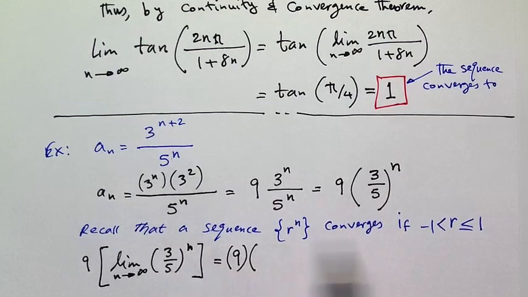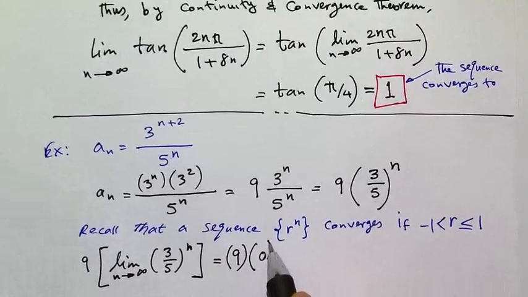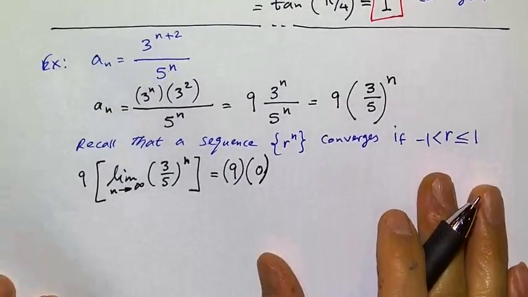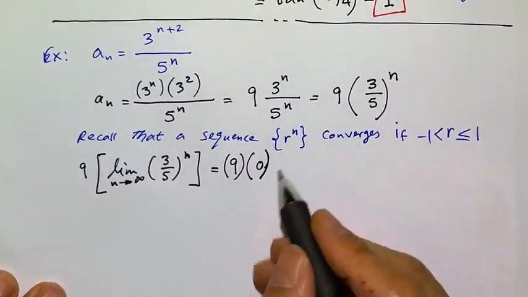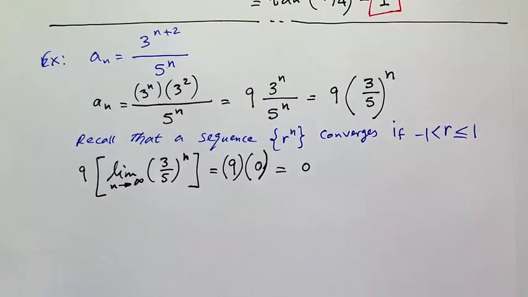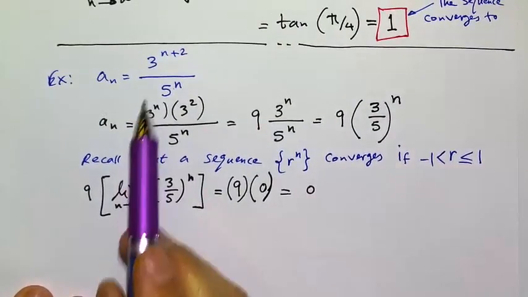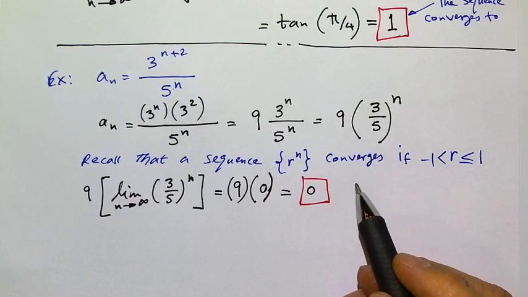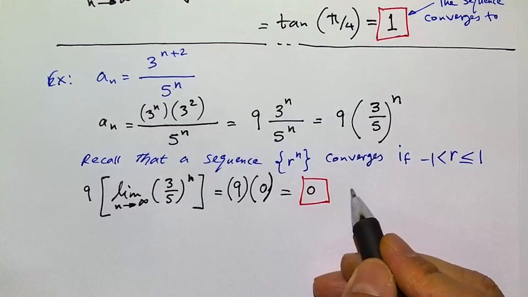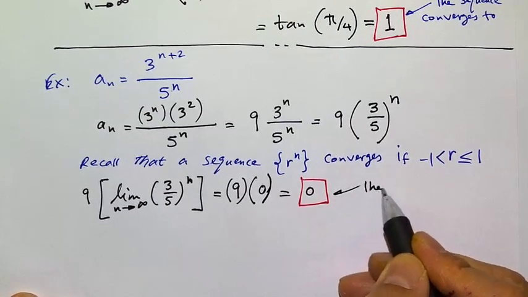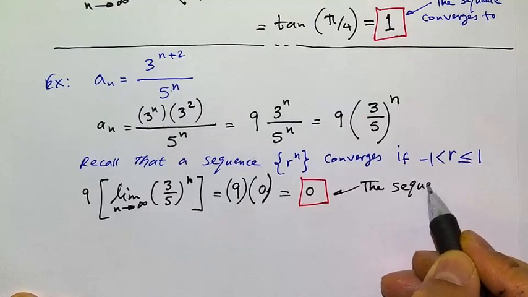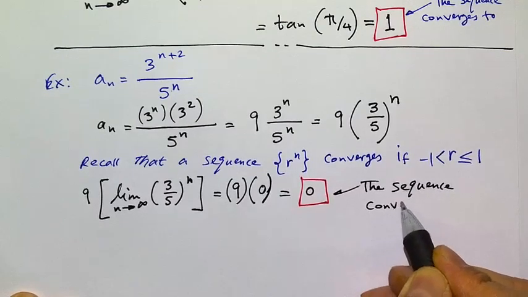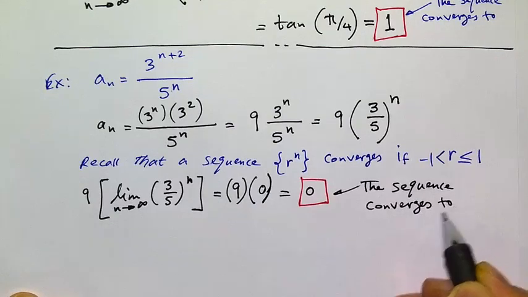So because this quantity is between -1 and 1, it will always approach 0. And so 9 times 0, and so we have 0. So this sequence converges to 0 as n approaches infinity.